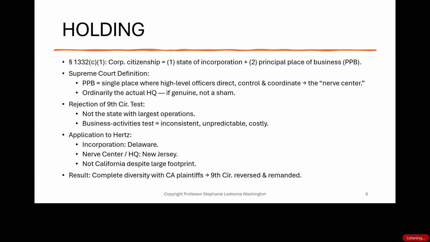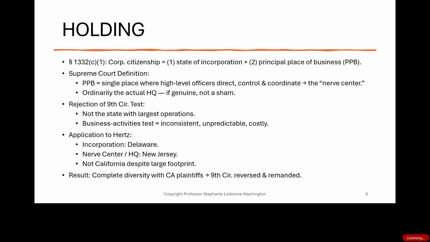Direction, control, and coordination. The Supreme Court rejected the Ninth Circuit's business activities test, which would have located the principal place of business for Hertz in California.